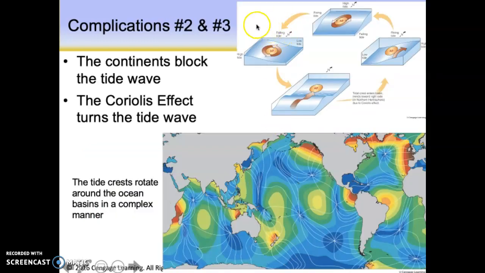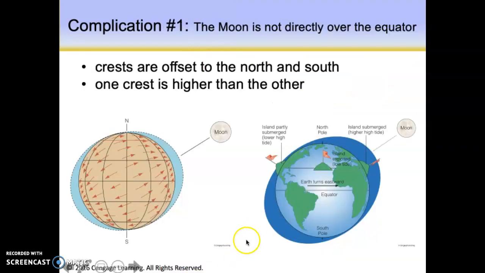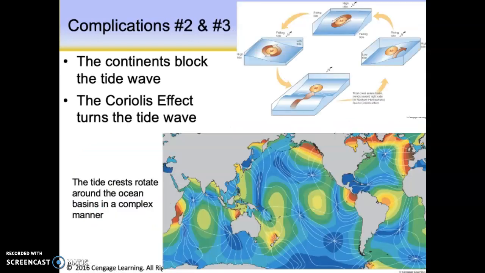Complication number 2 and 3 actually go together. The planet is not completely water. There are land masses. And so the continents block that tide wave. If we go back to this picture here, that wave would want to go just around and around and around the planet. It can't do that because it hits land.